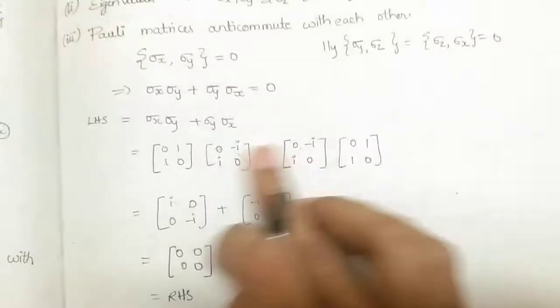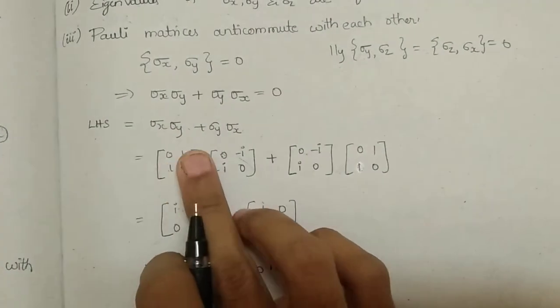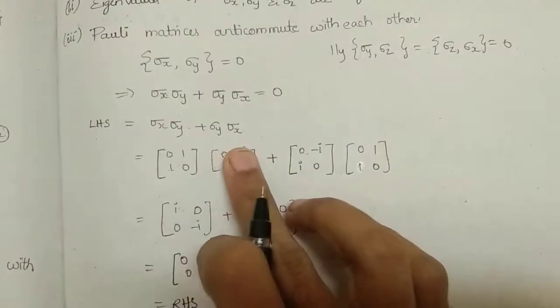So let's verify this. σx is [0 1; 1 0] and σy is [0 -i; i 0].